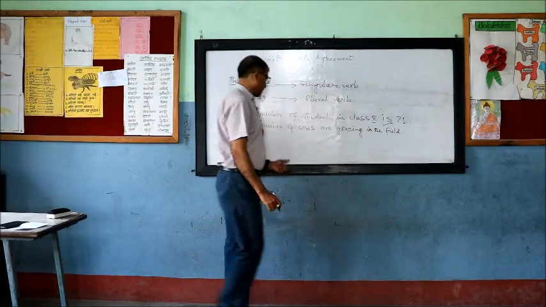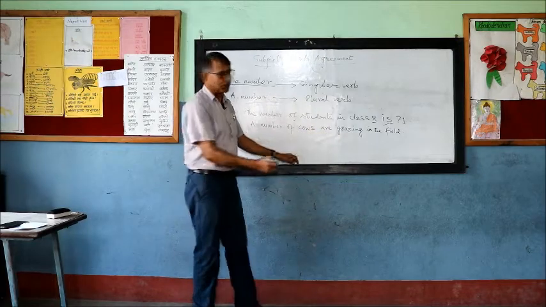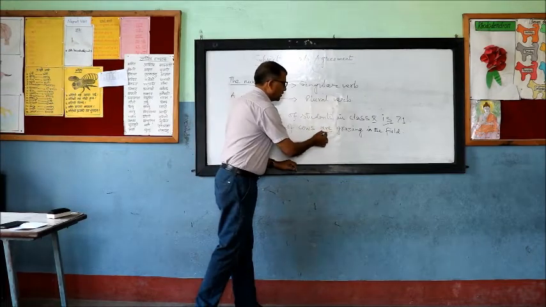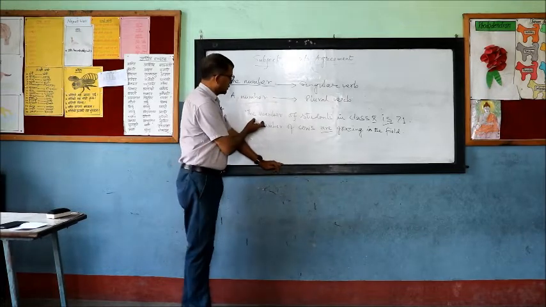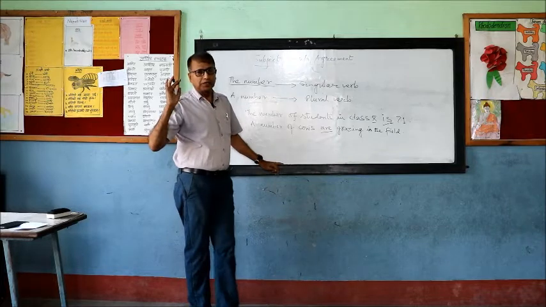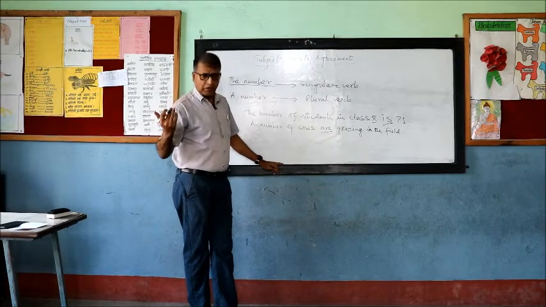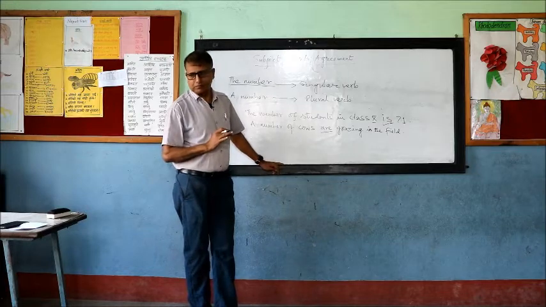Here I have written another sentence. A number of cows are grazing. Here I have used plural verb, that is are. Why? Because the subject of the sentence is a number. A number is always plural, I told you already, and the number is singular.